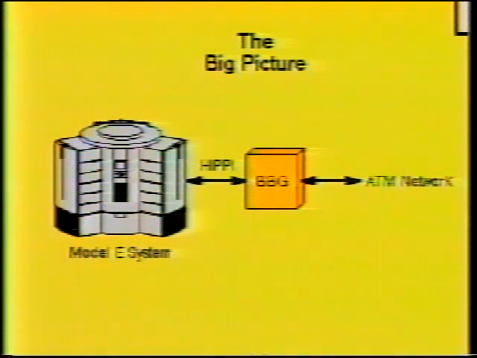All right, what I have showing here is a C90 with an IOS Model E. And for Model E systems to become implemented with ATM, we encapsulate our ATM cells onto a HIPPI network.